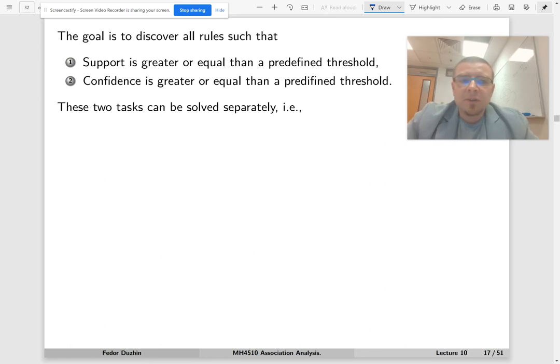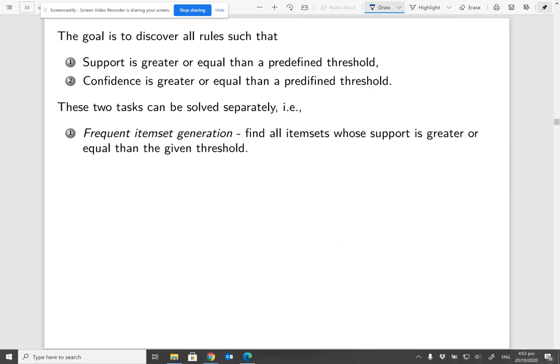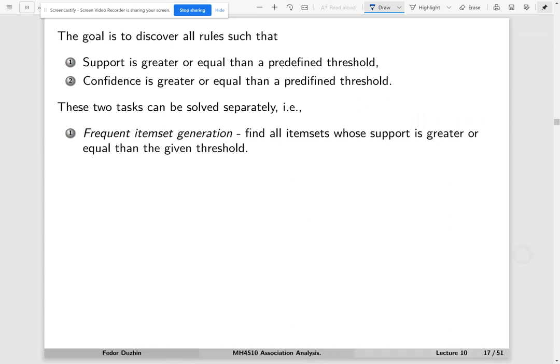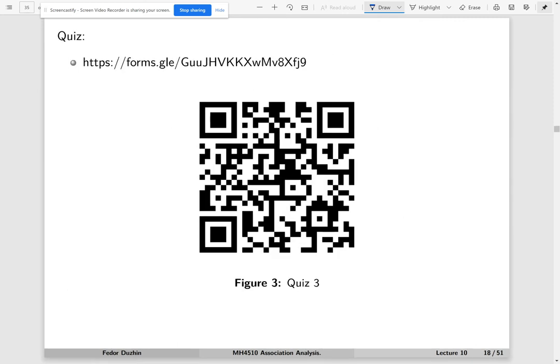So these two tasks will be solved separately. First, we extract frequent item sets, meaning item sets whose support is greater or equal than the given threshold. Then we generate all rules whose confidence is greater than or equal to the predefined threshold. Okay, this is the end of part 3.